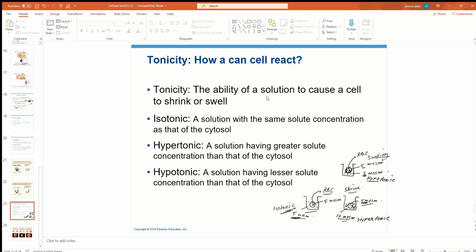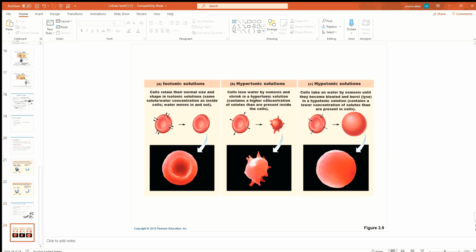So when you will be asked to give the fluid or saline into a patient's body, you will prefer this one, right? That will not bother the cell. So here you see isotonic, no change, hypertonic, shrink, right? And hypotonic, the cell will get bigger.